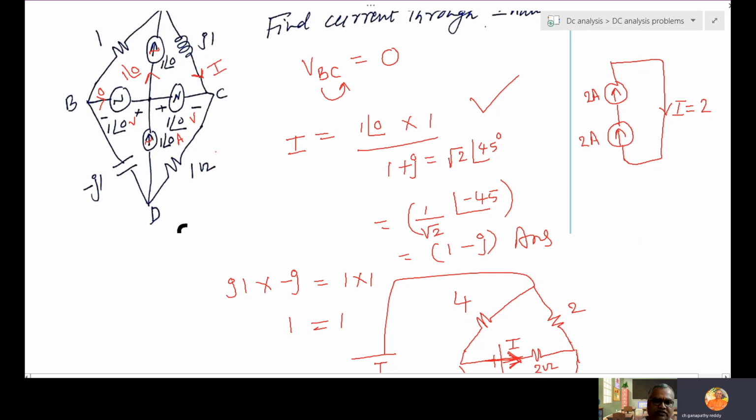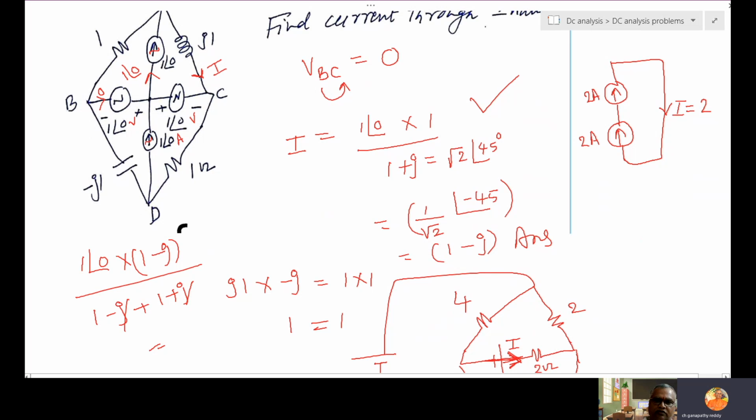So this 1 angle 0 is dividing between the branches: opposite by total, 1 minus j by 1 minus j plus 1 plus j. So minus j plus j cancel, and again you will get the same answer. 1 plus j is root 2 angle 45.